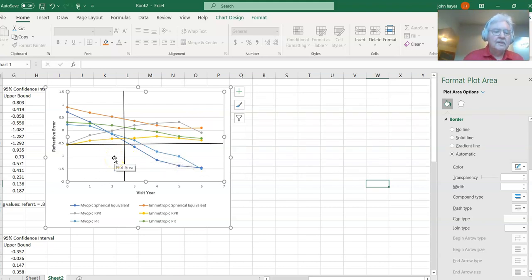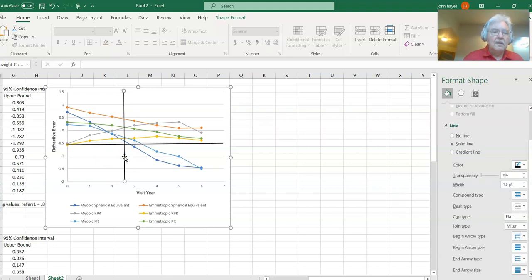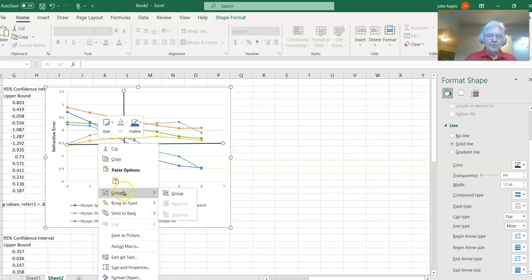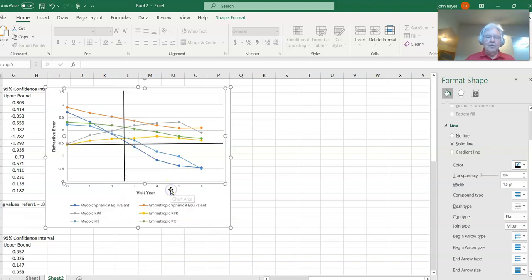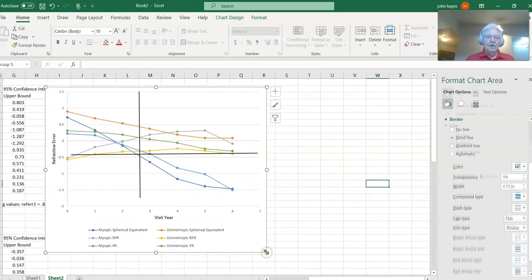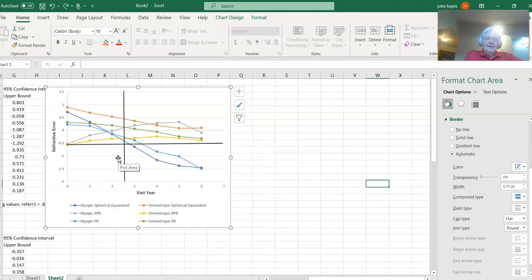Make sure nothing changed. Okay, there we go. Control. Now let's right click while we're sitting on that line. You get group. I'm going to group all those things together so that our lines, if we change the shape, move along with the figure. It doesn't exactly work as well as I would have hoped.